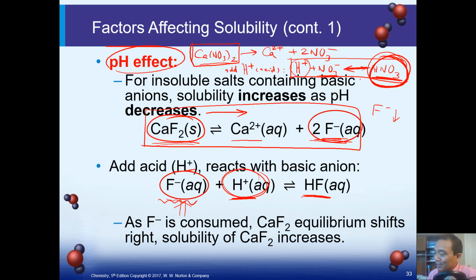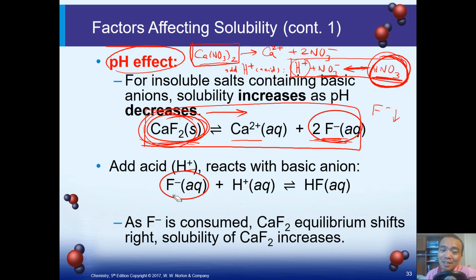But let's look back. For calcium fluoride, when you decrease the pH, the solubility of calcium fluoride will increase. The reason is that the addition of acid causes the equilibrium of F- reacting with H+ to go to the right side.